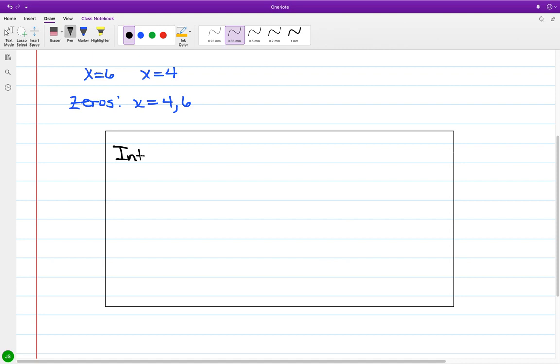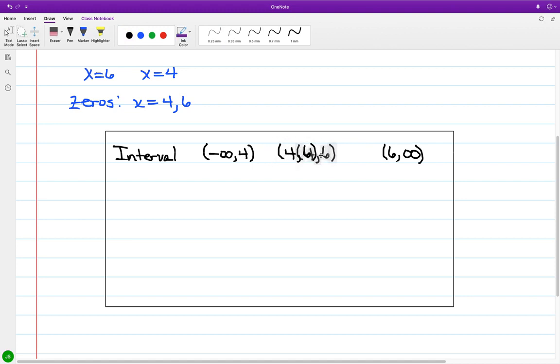You have an interval, starting from negative infinity, approaching 4, but not including 4. And then we have going past 4, approaching 6, but not including 6. And for the remainder, since no other 0 exists, we have going past 6 and heading on out to infinity.